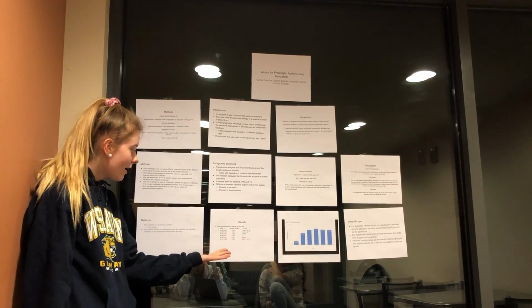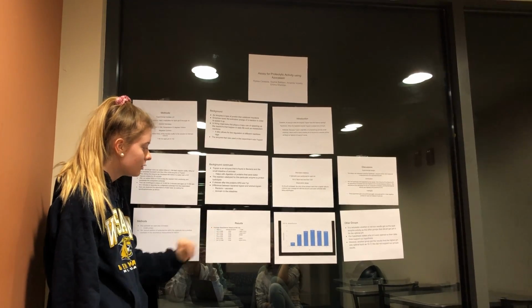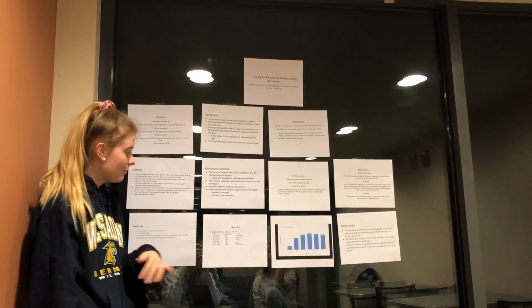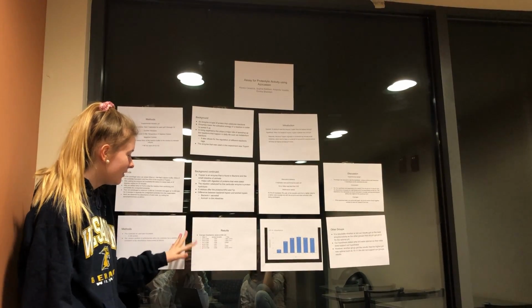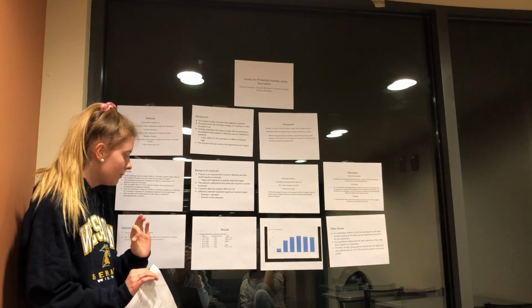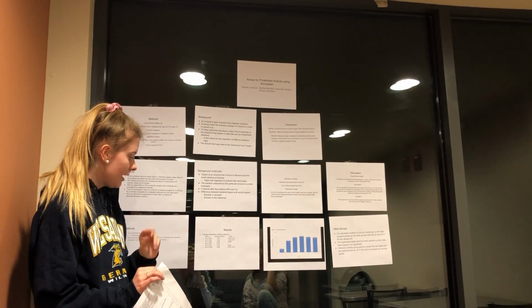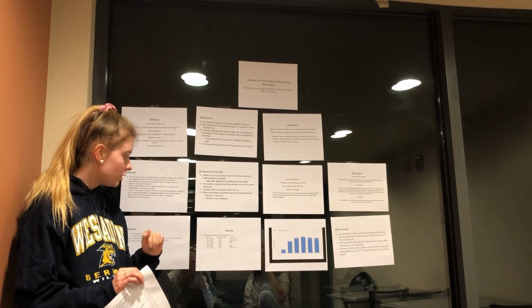Our results. These were our average absorbance values at 440 nanometers. It decreased from 5 to 7, and then we got an optimum pH between 8 and 9 at 0.32 and 0.302.